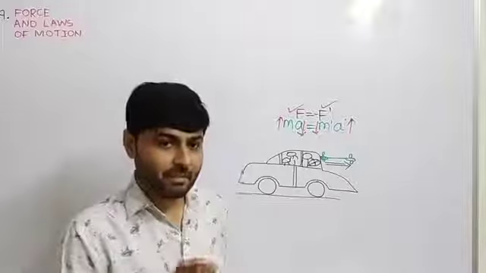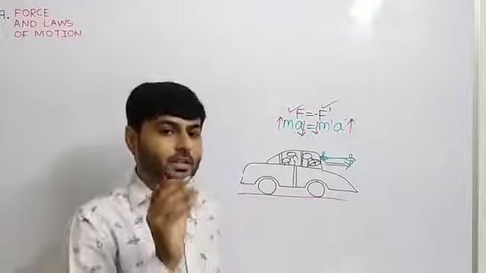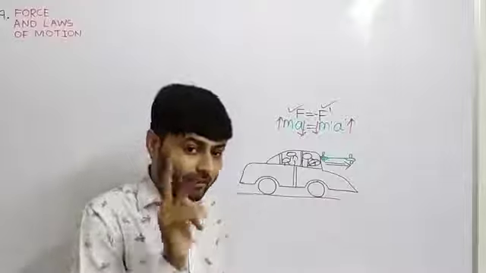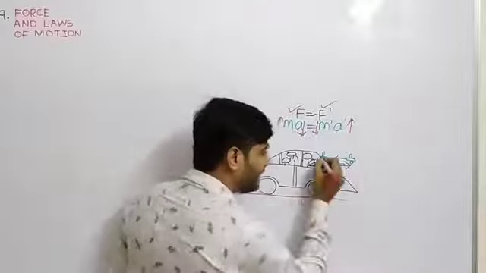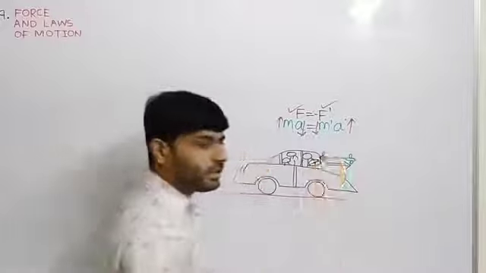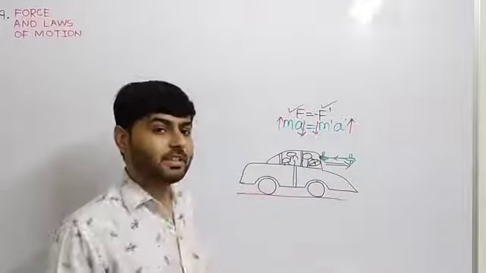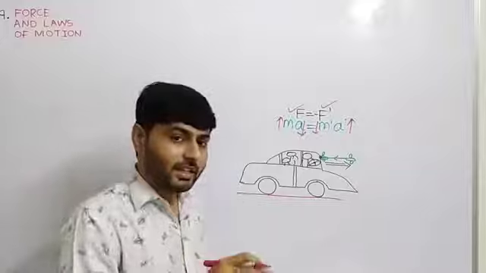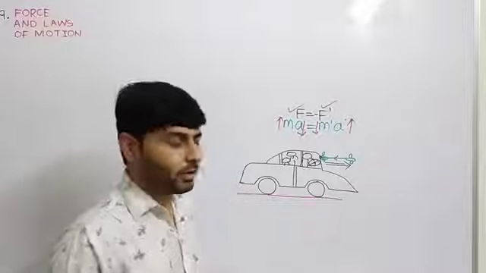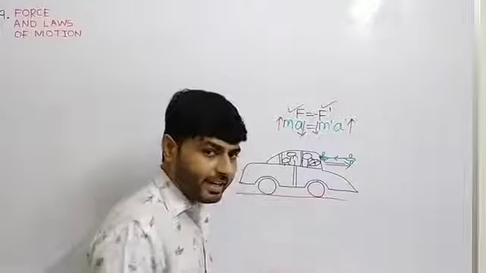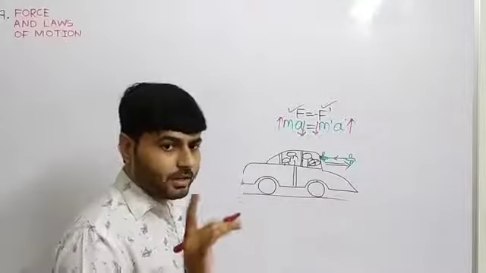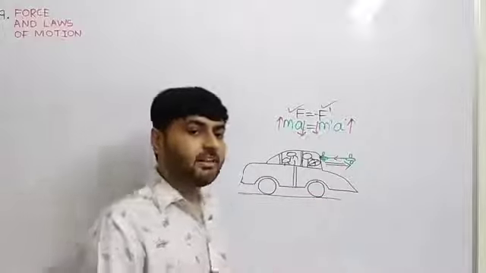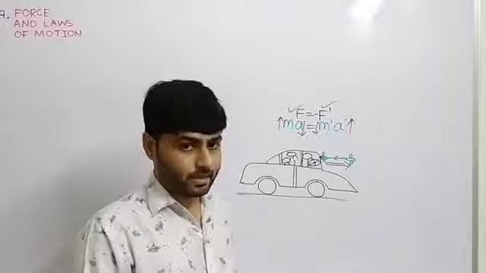Why will the impact be very high? Because of the time for reduction in velocity. Here the insect has some velocity, and at this time its velocity will be 0 meter per second. This time will be very low, and you remember from the equation that time is inversely proportional to force.